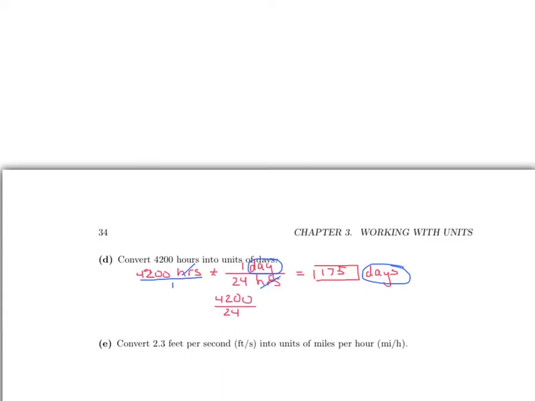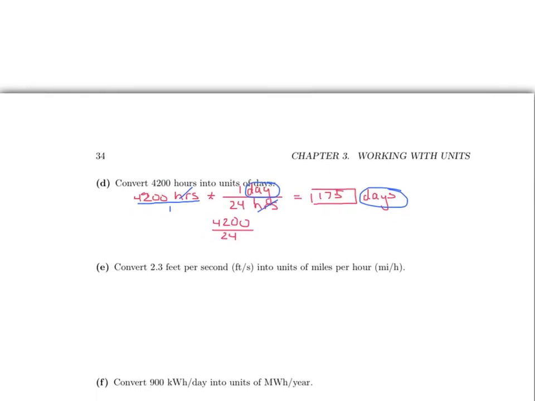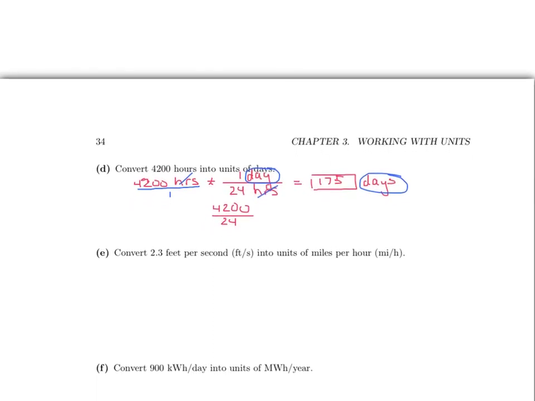Let's take the next example. Here we want to convert a speed, 2.3 feet per second, into a speed that's given in terms of miles per hour. We start the same way as we've done before with what we know. So we take the 2.3 feet per second.